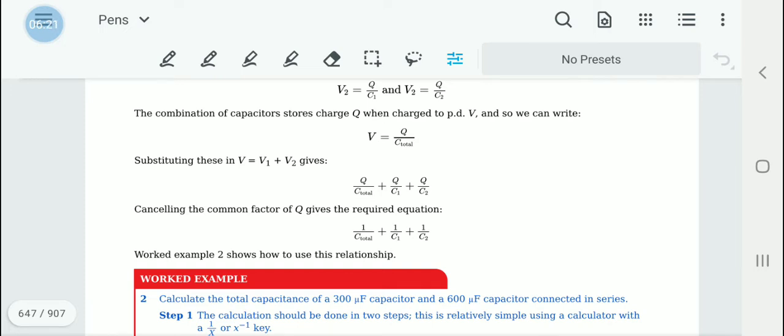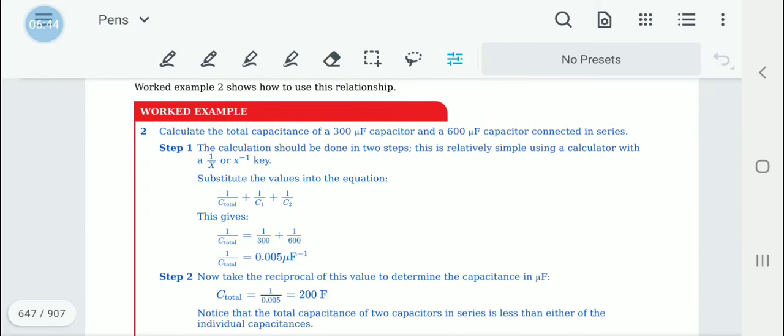The plus sign is actually a mistake; these two plus signs should be equal signs. So 1 upon C total equals 1 upon C1 plus 1 upon C2, because the Q's get cancelled out as they are common factors on either side. So let's look at this worked example.